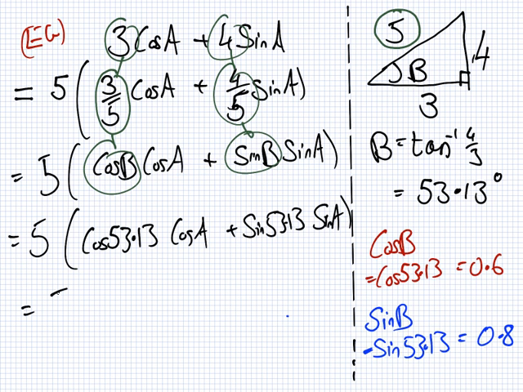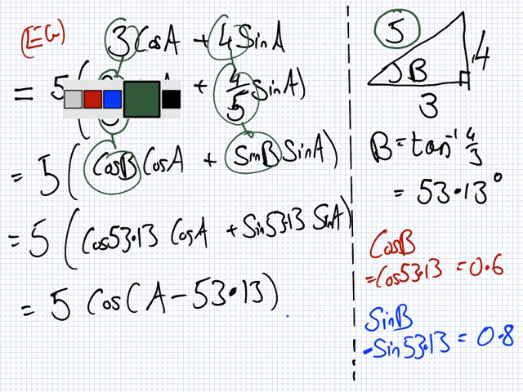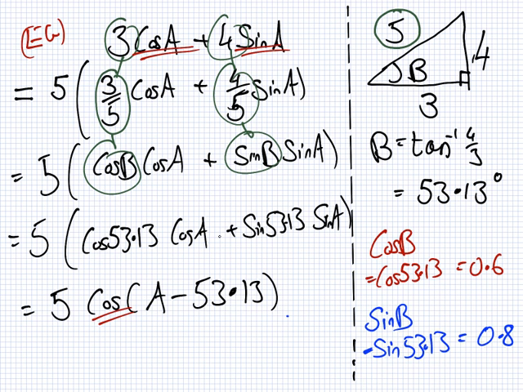So this would be 5 cos A minus B. So what you've done is you've changed a cos and a sine into just a cos. This is a useful trick. It's worth writing this one down. I haven't seen it in the exam, but I think it is something you could get in the exam.